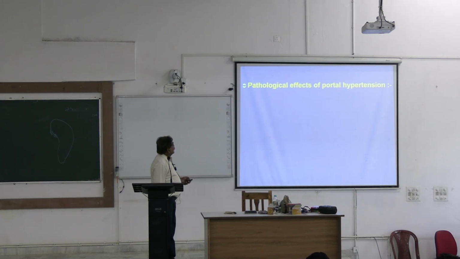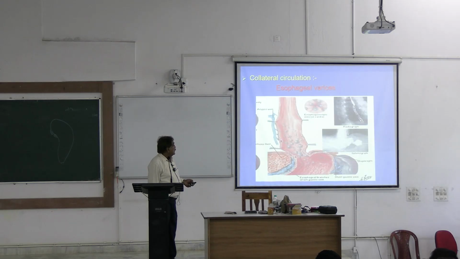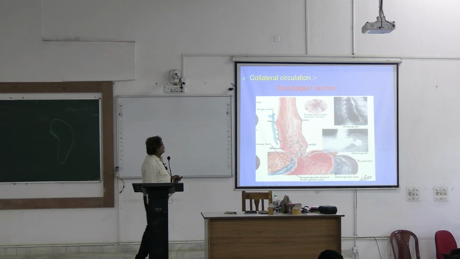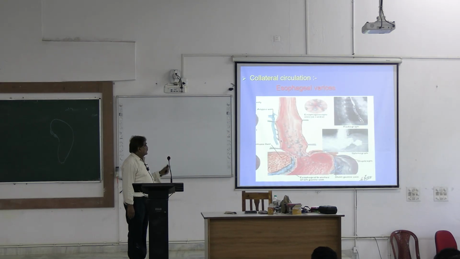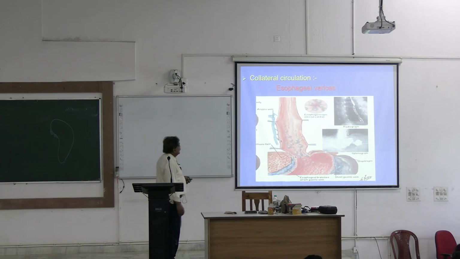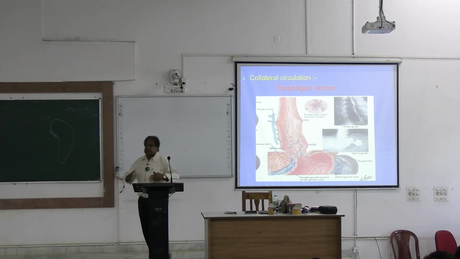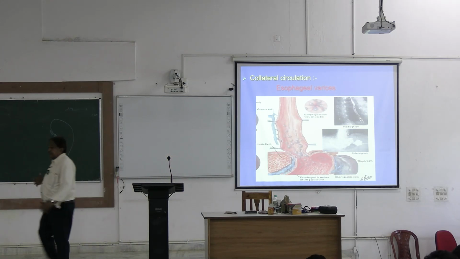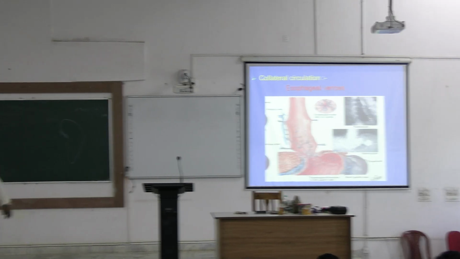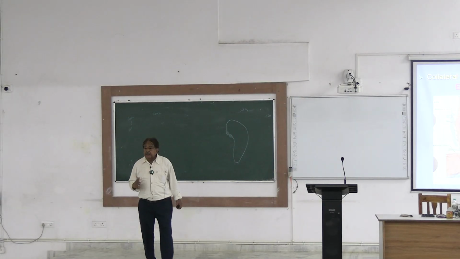Pathological effects of portal hypertension: collateral circulation, ascites, congestive splenomegaly. Now you see collateral circulation, esophageal varices. Now this is very, very important because a patient comes in the outdoor with ascites and says he is vomiting coffee ground.